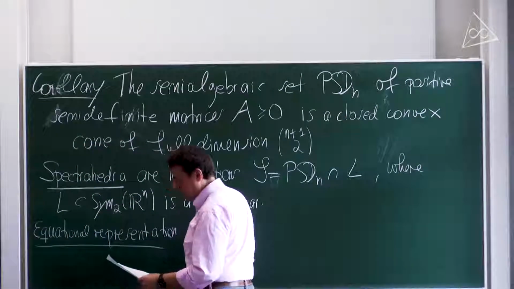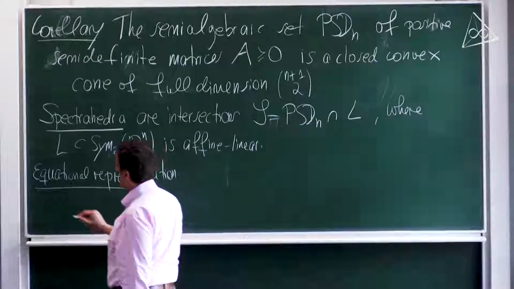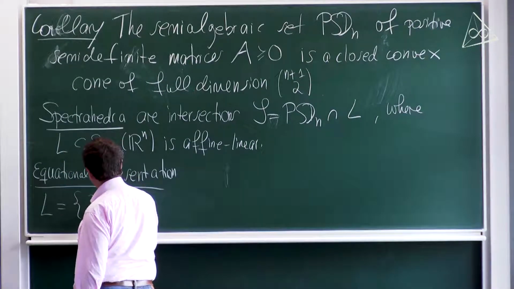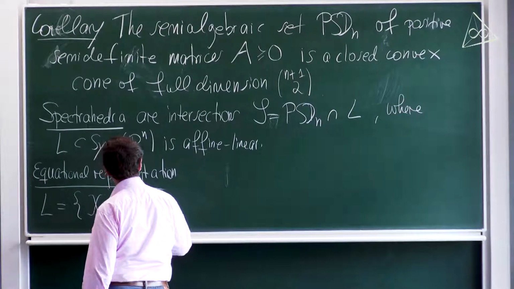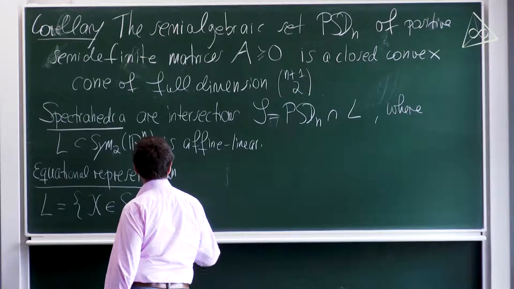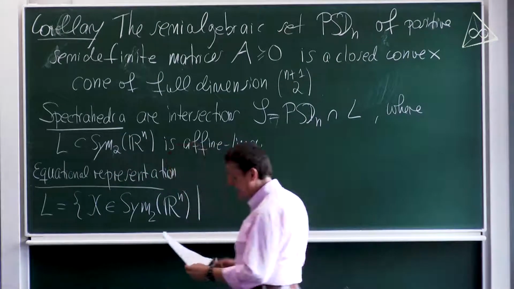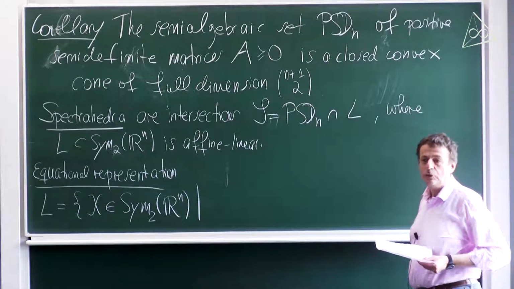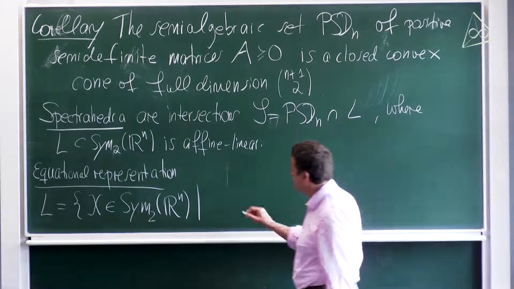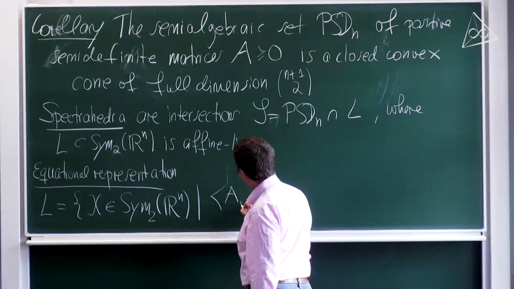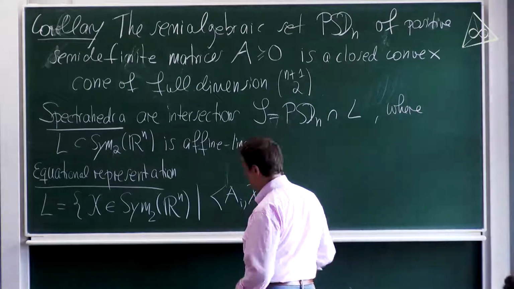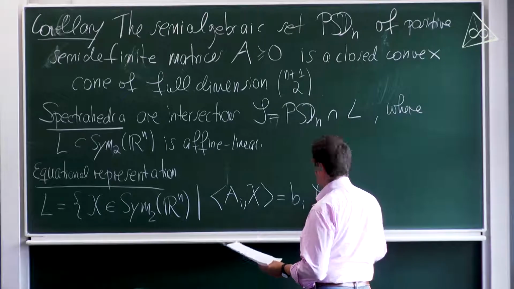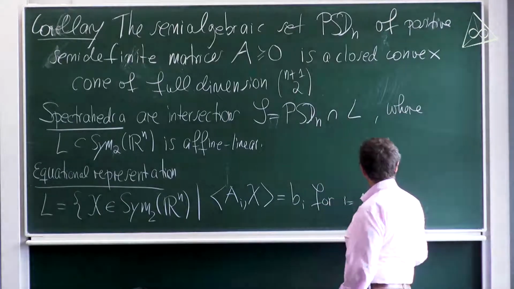So the equational representation, well, let me write down the equations for a linear space. The set of all X, symmetric matrices of size n by n, that satisfy a system of s inhomogeneous linear equations. The way I'm going to write this is <A_i, X> equals b_i for i from 1 up to s.